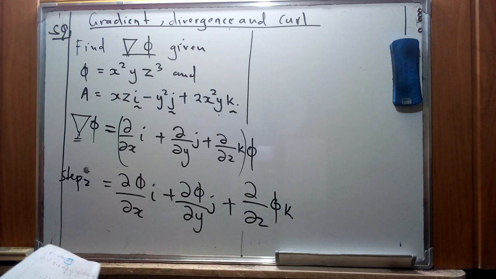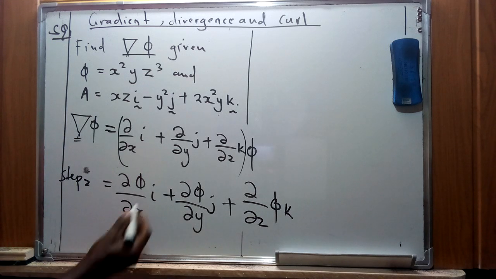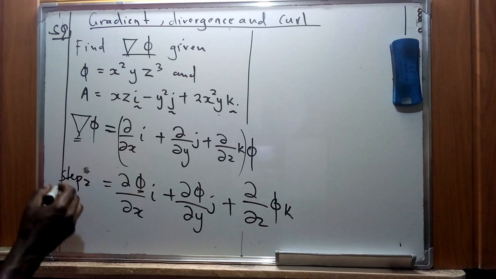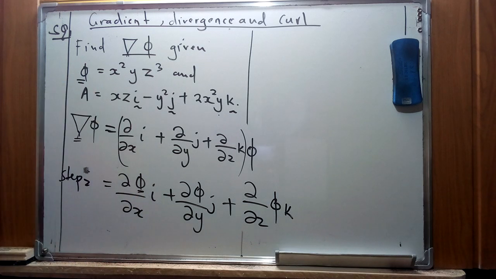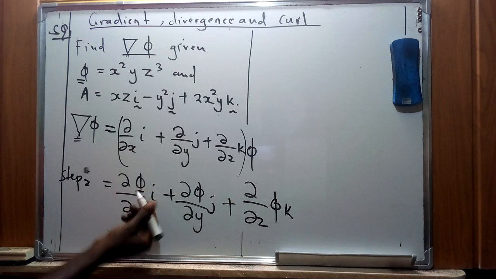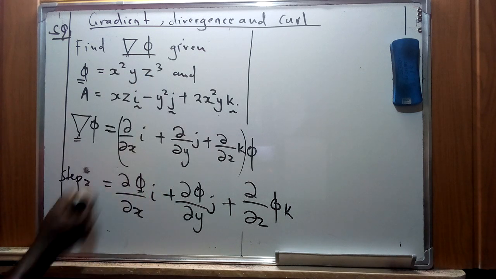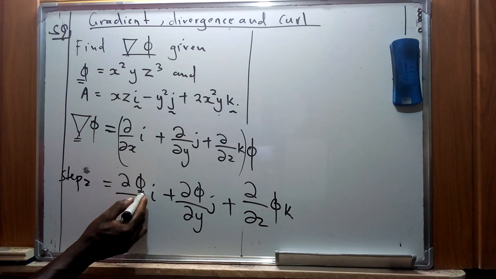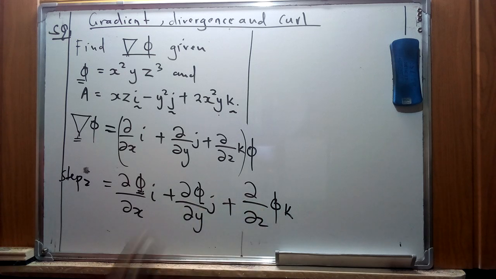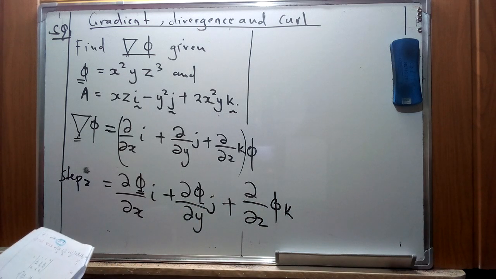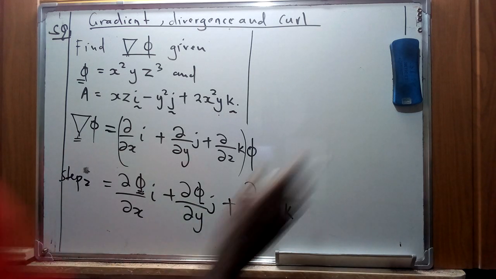Now from the representation for phi that we have been given, we're just going to do a substitution for this equivalent in the components for i, j, and k, and therefore we're going to have a resulting equation.